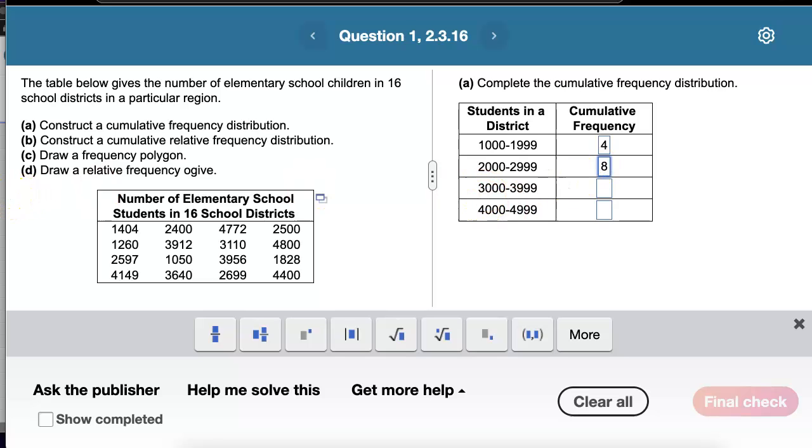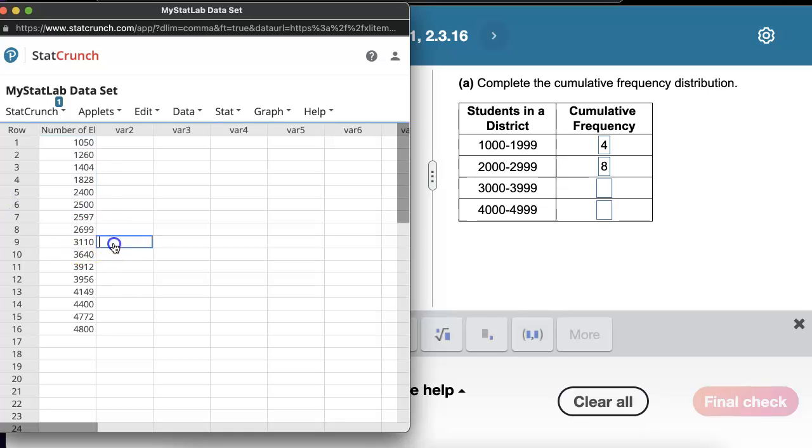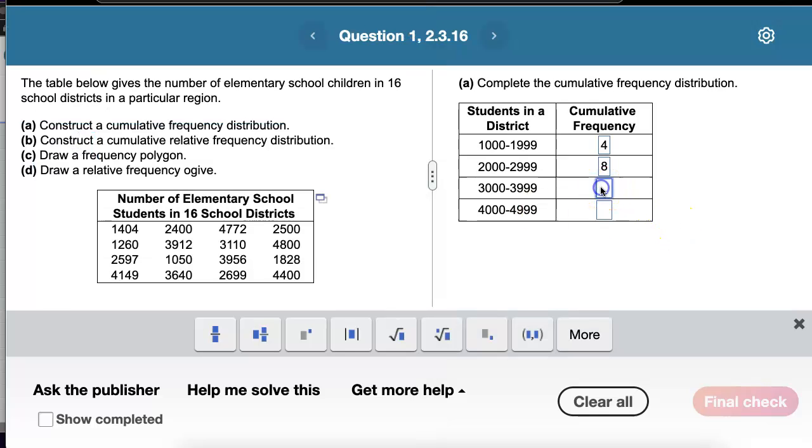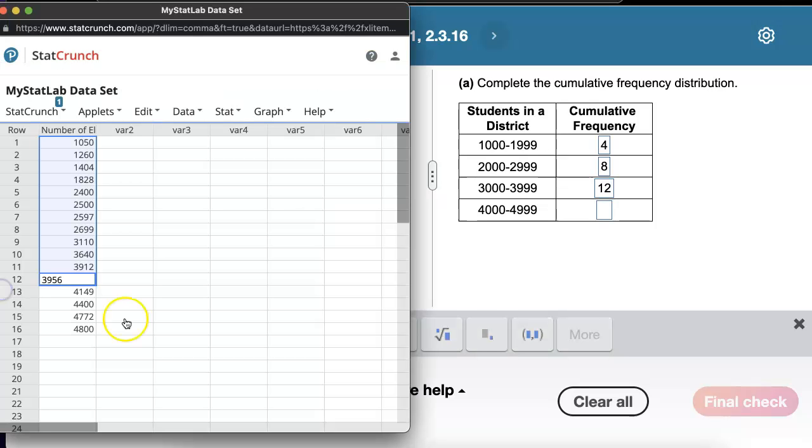I do the same thing for 3,000 to 3,999. So that's 1, 2, 3, 4. All right, but even though there's 4 here, I have to count what was also below that or before it. So now I have a total of 12. And so the last one, if I see what's left, that's the frequency of just that class from 4,000 to 4,999.